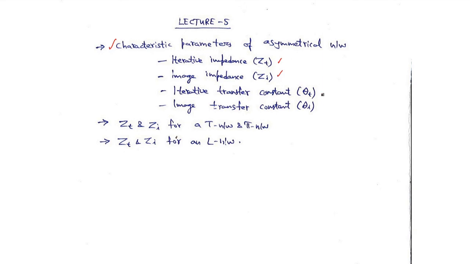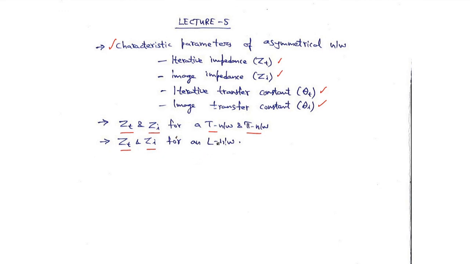Also we have seen the iterative transfer constant theta T and the image transfer constant theta I. Also we have derived the expressions for the iterative impedance ZT and image impedance ZI for a general asymmetrical T network as well as a pi network. After that we viewed an L network as a special case of this T as well as this pi network, and we have derived its iterative impedance ZT and ZI.